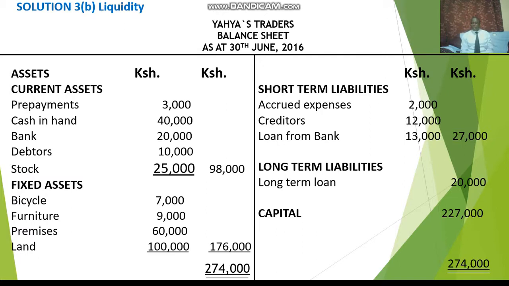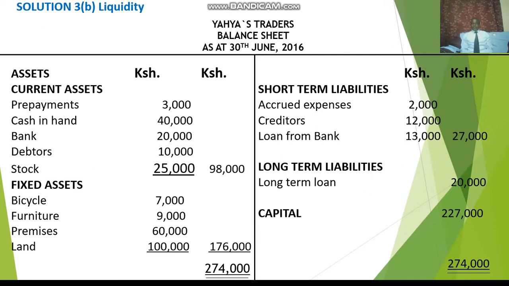We have long-term liabilities. Those ones, they'll take some time to be converted into cash. That means they cannot be easily converted into cash as compared to the short-term liabilities. Capital, being the owner's claim in a business, cannot be easily converted into cash as compared to long-term liabilities and short-term liabilities.